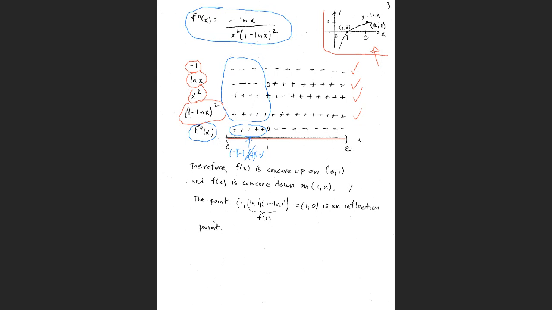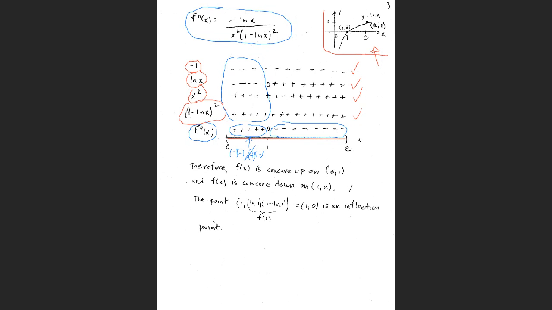Easy. So, and you can similarly analyze, yes, easy. That's right, Joe. You can similarly get negative here. When x is between 1 and e, the second derivative is negative.